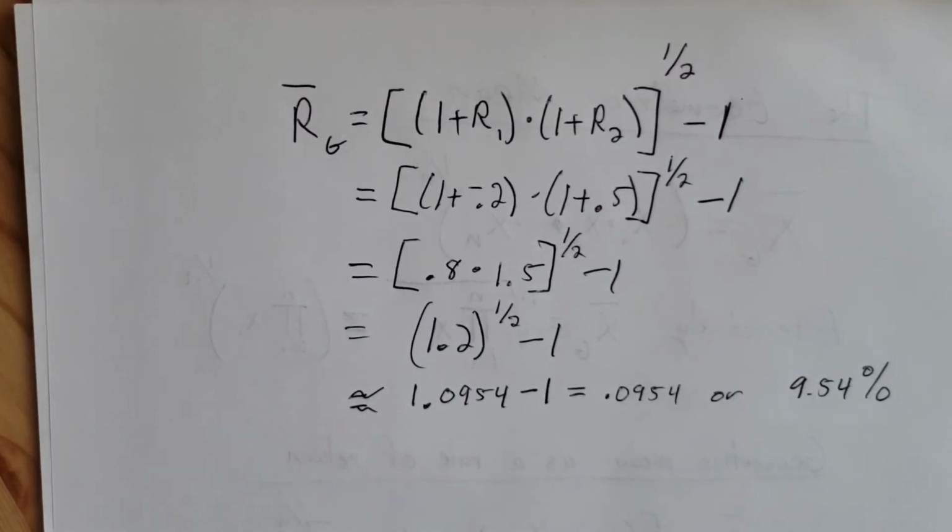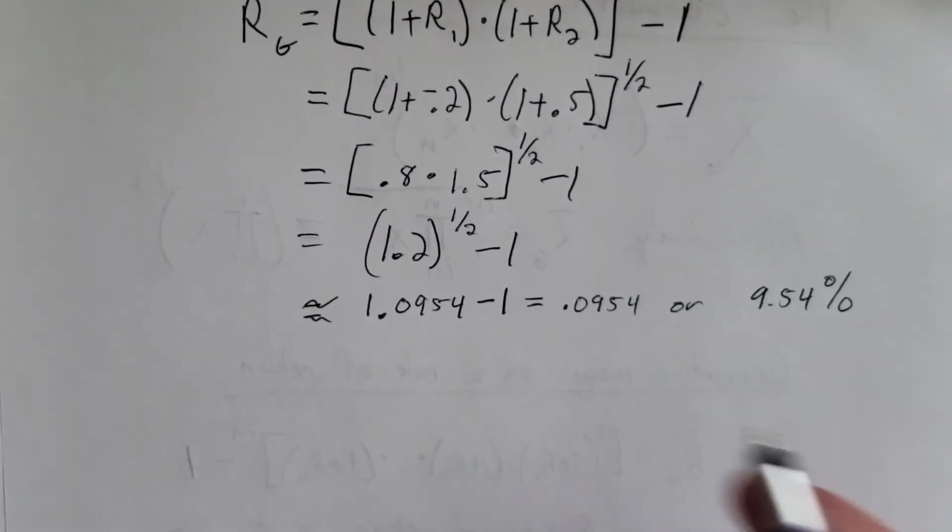In other words, if we invested $10,000 and we were guaranteed a 9.54% increase on our investment each year, then at the end of 2 years, we would end up with $12,000 if we started with $10,000. So let's check that real quick.